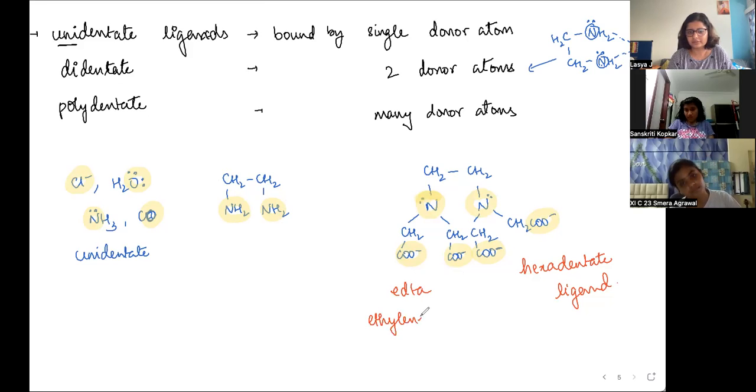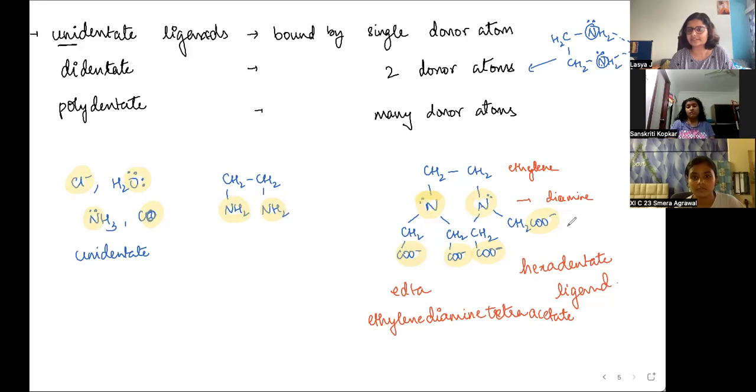Ethylene diamine tetraacetate. You can figure it out. You have 2 carbon atoms, so ethylene. 2 nitrogen, so you'll get a diamine.